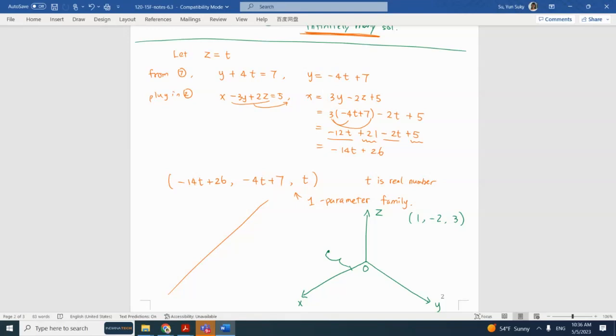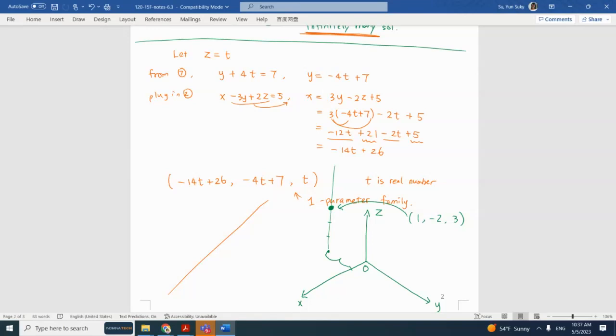And then do you see the z coordinate is 3, which means we go up 3 units. 1, 2, 3. So this is the point 1, negative 2, and 3. Okay, everybody? So how many points can fix a line?